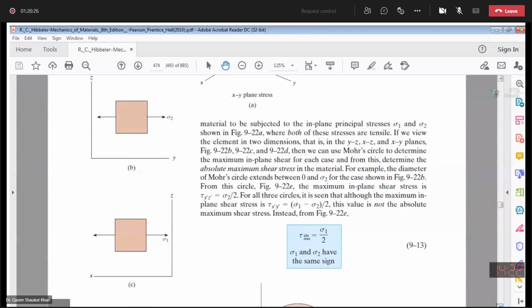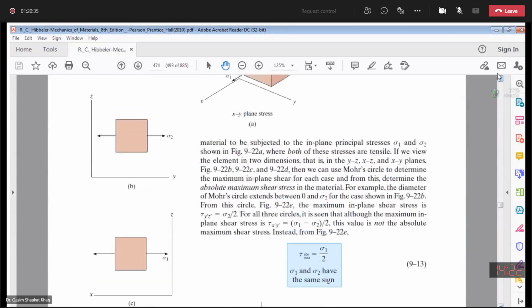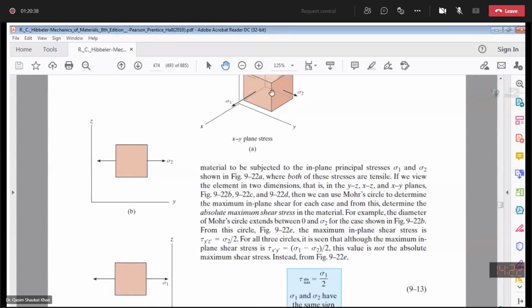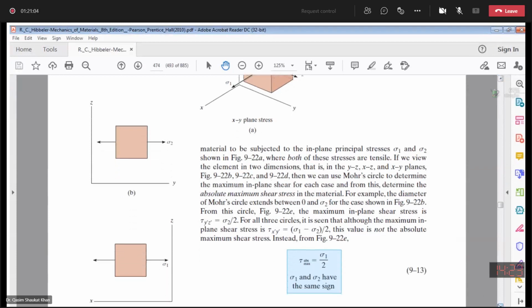Sorry, I did not tell you earlier that sigma 1 and sigma 2 are both tensile stresses, because they both try to produce elongation in the element.